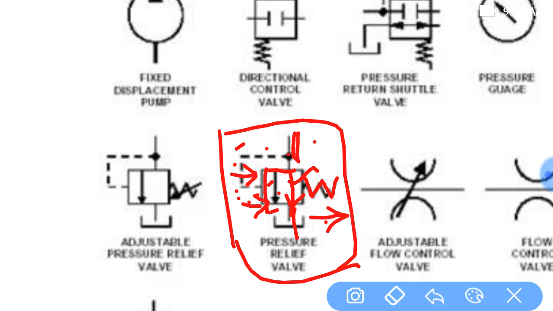So this is the main design of any relief valve. I think now this symbol is a little bit clear. Now you don't need to remember this. You can easily identify by seeing this symbol that this one is the relief valve.